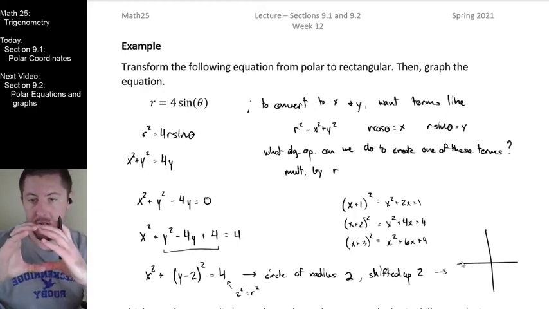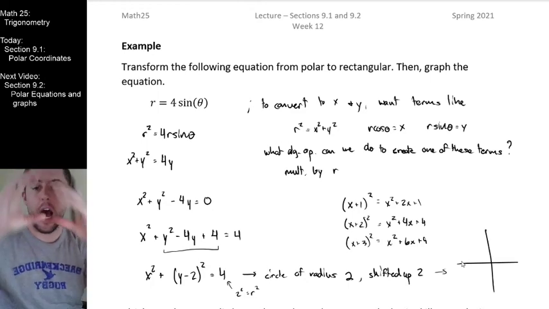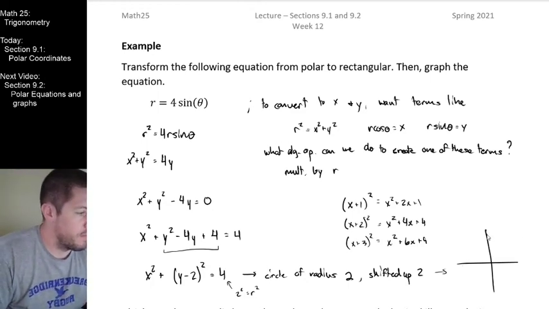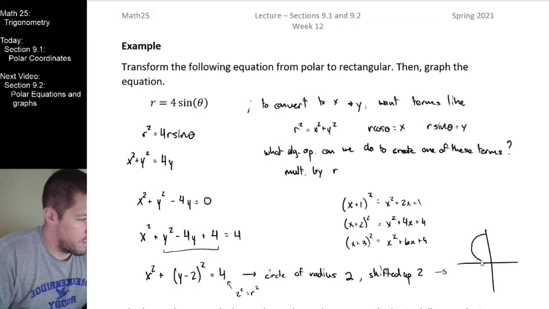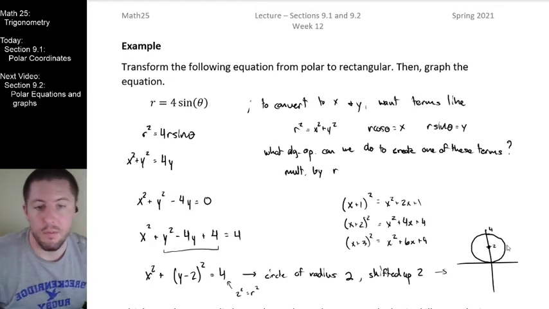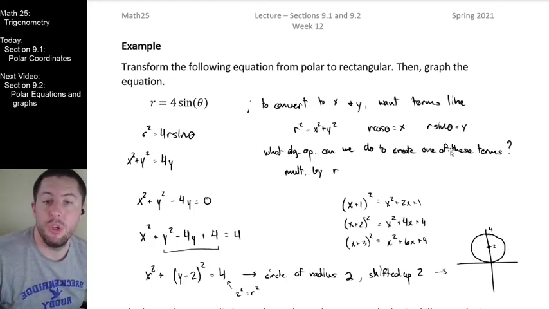So instead of radius 2 sitting at the origin, it's now sitting on the x-axis. This is at a height of 4 up here because this is at a height of 2 right there. So this is my circle of radius 2 shifted up 2 units.